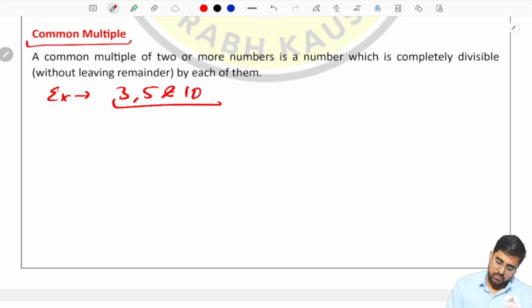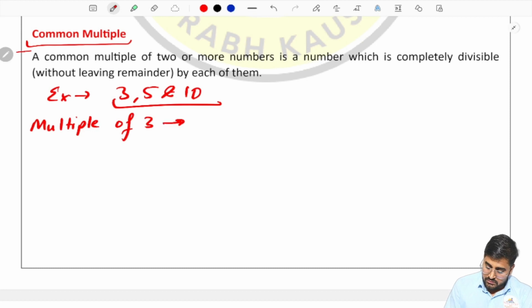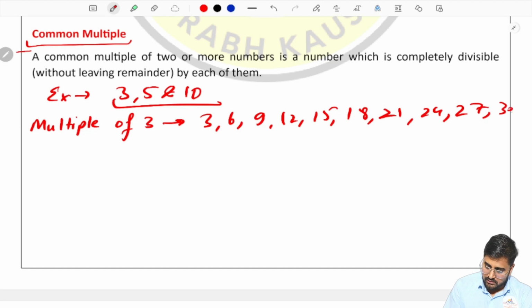So we are talking about the common multiples. What are the common multiples of these numbers? Let's check. No need to solve them. It's only for explanation. Don't solve them, just observe the terms. 3, 6, 9, 12, 15, 18, 21, 24, 27, 33, 36 and so on.